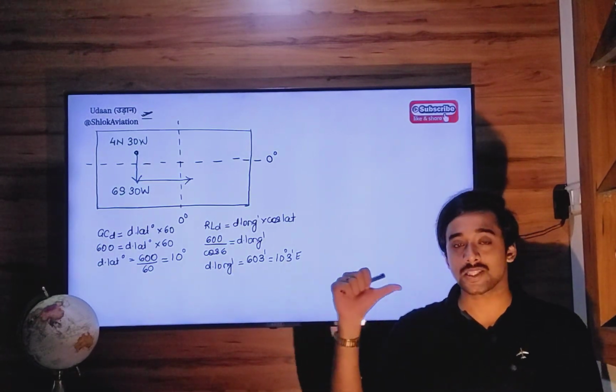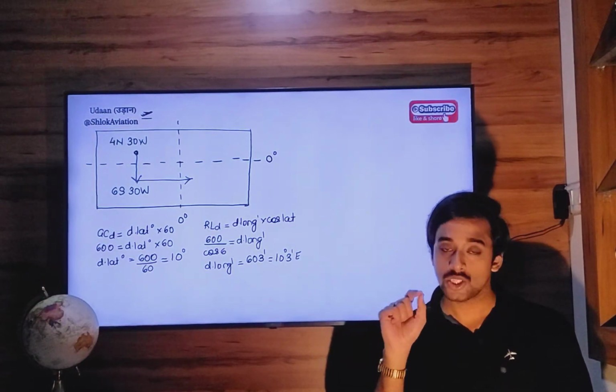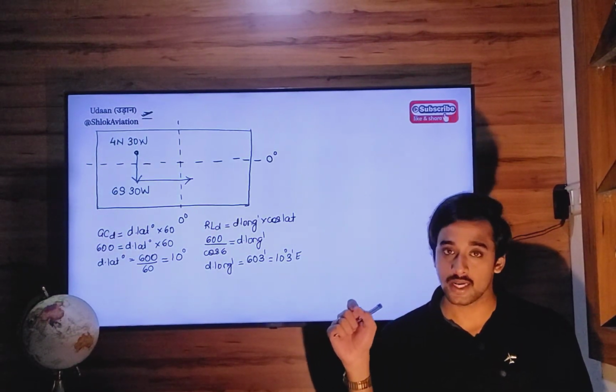Okay, because going easterly in the western hemisphere, the longitudinal values will decrease.